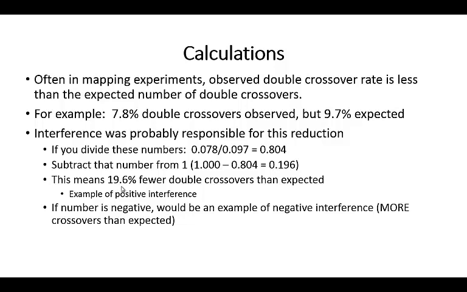Because it's fewer double crossovers than you expected, this is an example of positive interference. If the number is positive, it's literally positive interference. If that number is negative, say this is bigger than 1, then that would be an example of negative interference. In this case, you have more crossovers than you would expect for a particular event to happen.